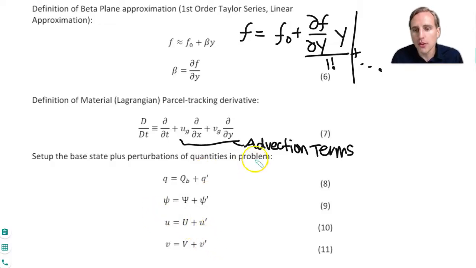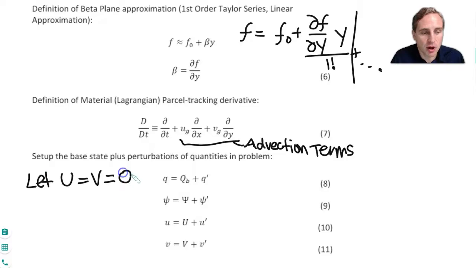Now, we're told in this particular case that the background is actually a resting base state. So we're going to let capital U equal capital V, and that's 0 in this case. That's just what we're told.